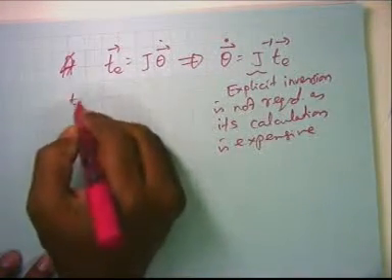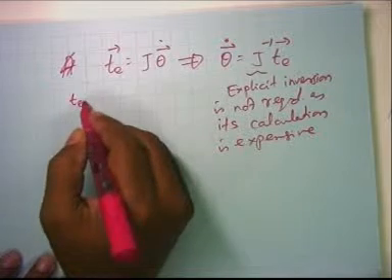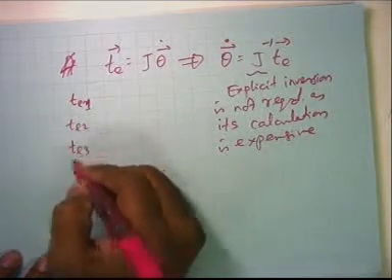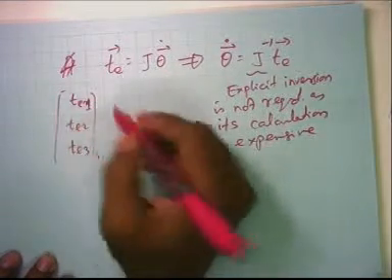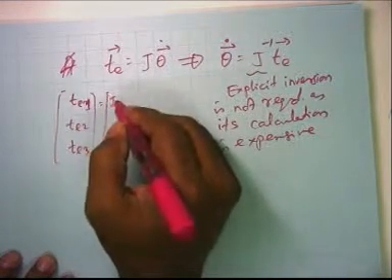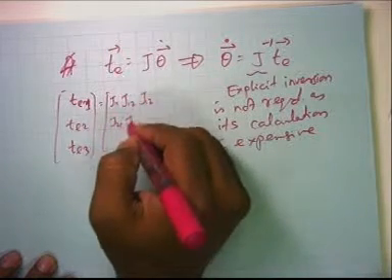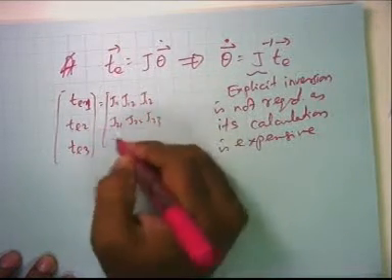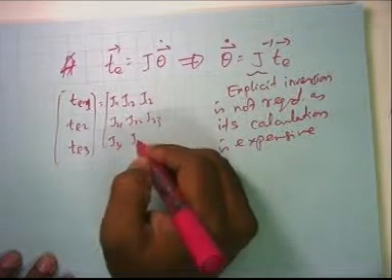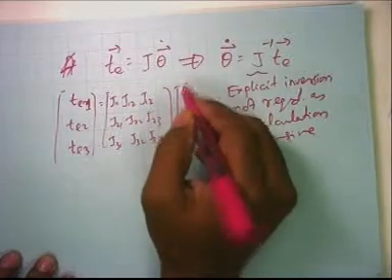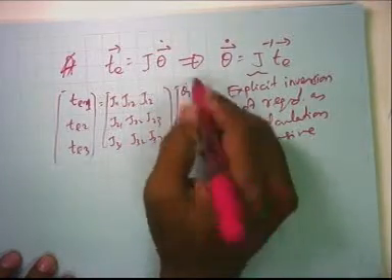Suppose T E x, T E 1, T E 2, T E 3. Now, suppose I have these 3 values, and then you have J 1 1, J 1 2, J 1 3, J 2 1, J 2 2 and J 2 3, J 3 1, J 3 2 and J 3 3, and then you have theta 1 dot, theta 2 dot and theta 3 dot.